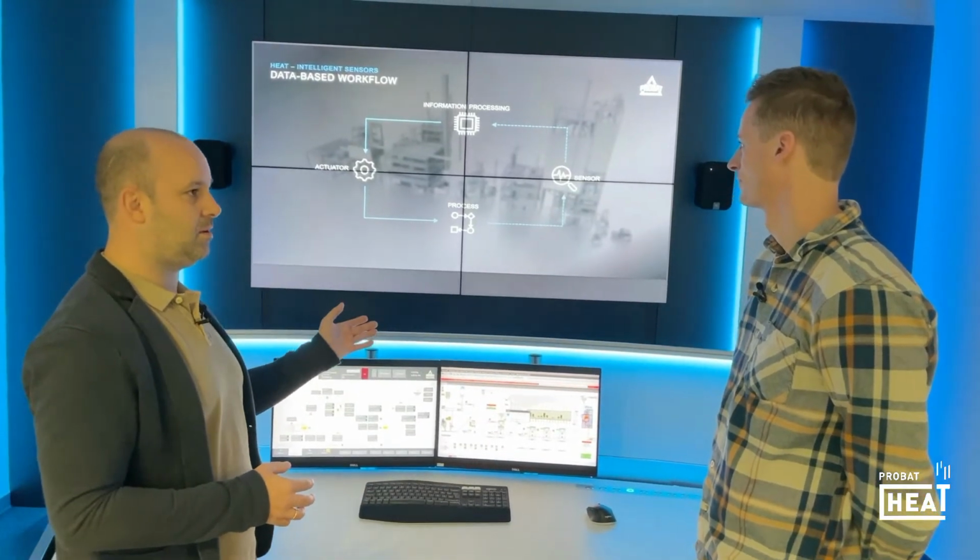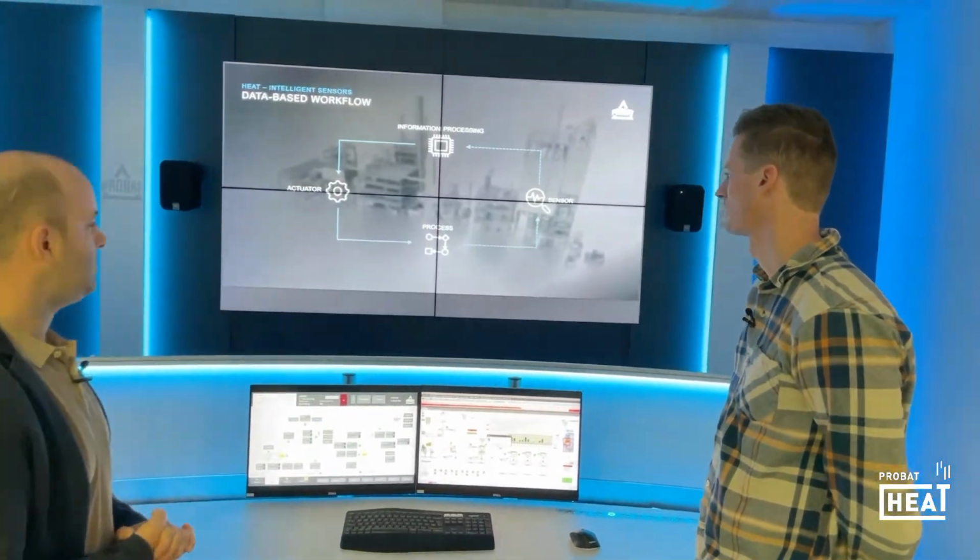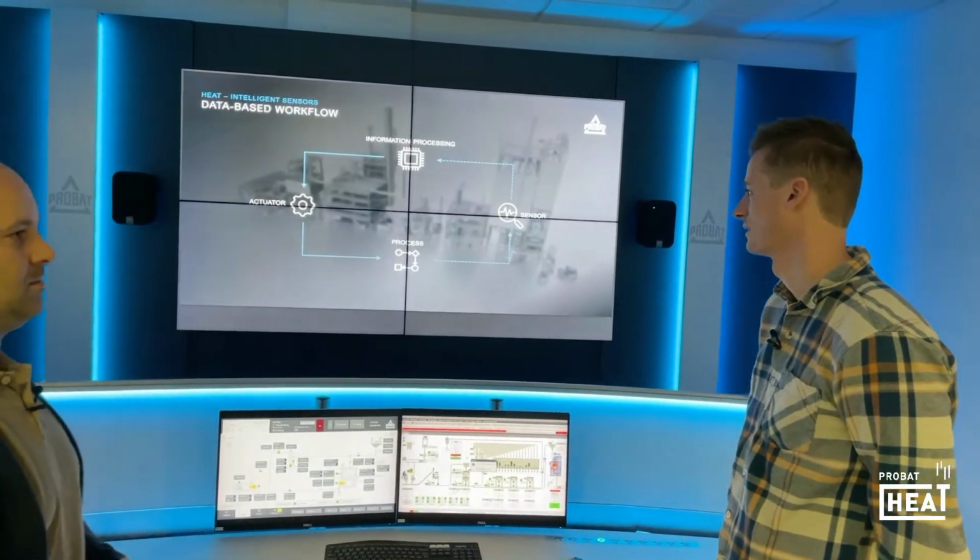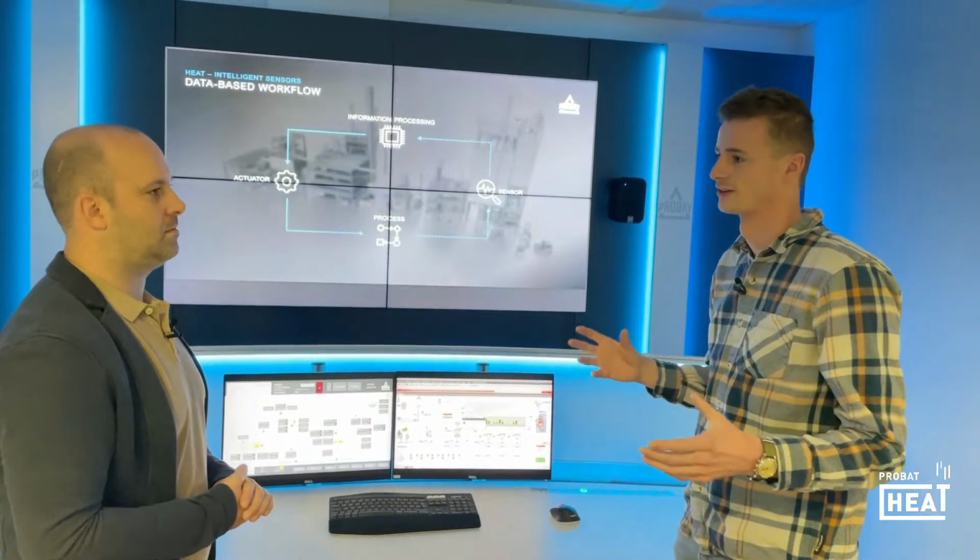Do you want to add something on that? Yes, indeed, of course. The actuator in itself is the moving part that makes something happen. And always when we make something happen, we have a process, which is the last point in the circle. So, for example, roasting coffee is a very intricate process and the backbone of PROBAT.